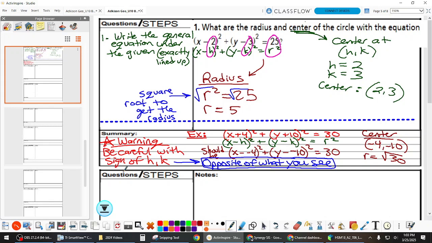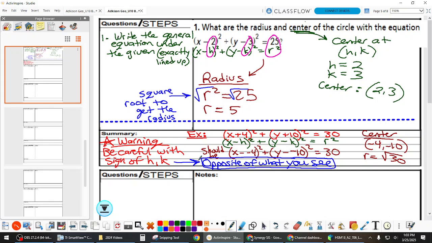Other than that, I think once you get the hang of it, you can just read stuff off really fast. Like I could give you an equation, and you can just tell me center and radius immediately. Do you feel like you could do that? Let's try one. You don't need to write it, you can just practice. You'll get more practice on paper too.